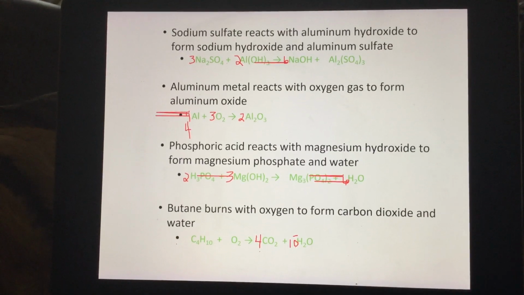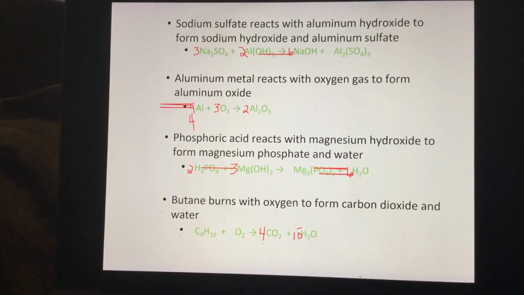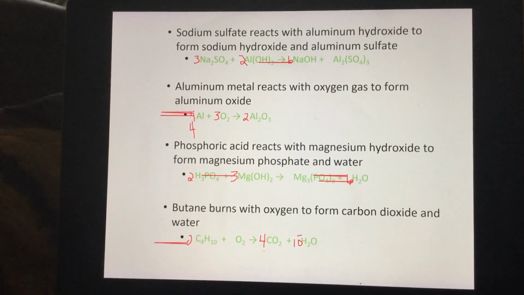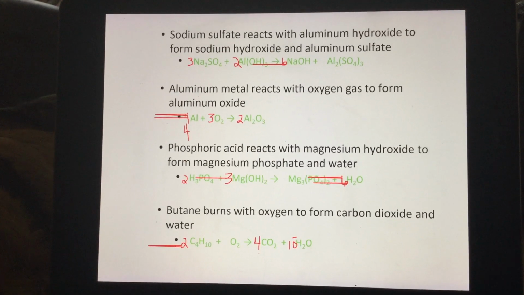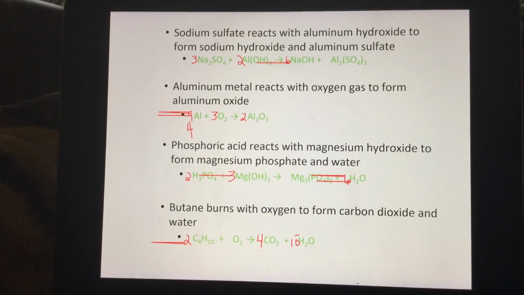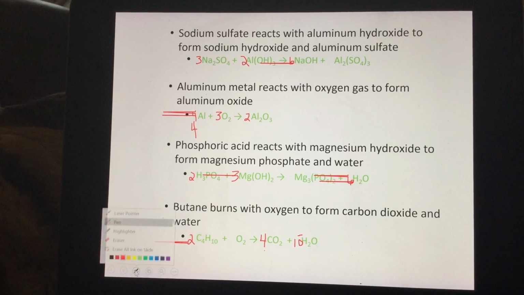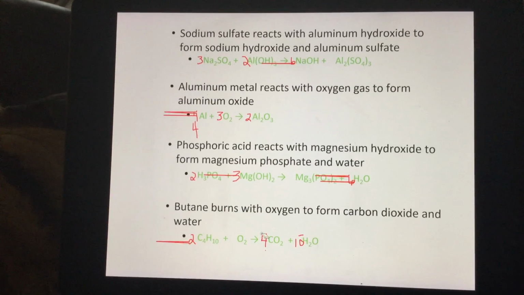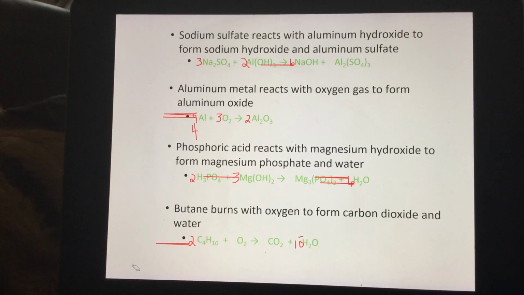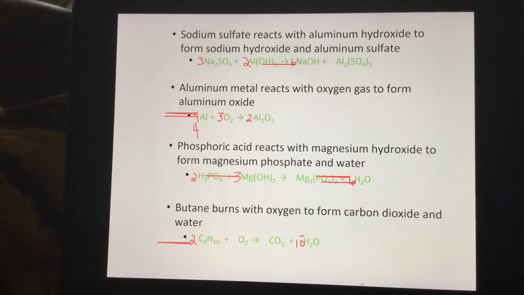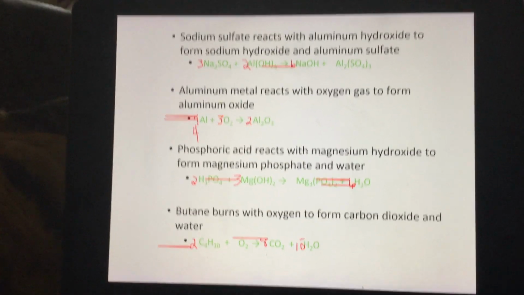So now I've got to rebalance those, because remember, you want to fix anything you've already balanced. So I need a 2 out in front here to give us 20 hydrogens on the reactant side, which changes our carbons. Now we have 8 carbons, so I need to rebalance the carbons on the product side so that they're balanced again. That's an 8.